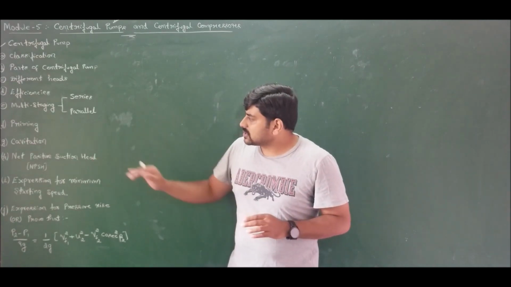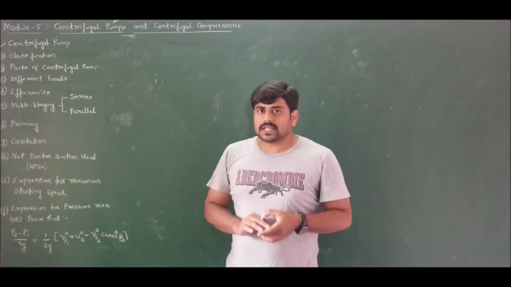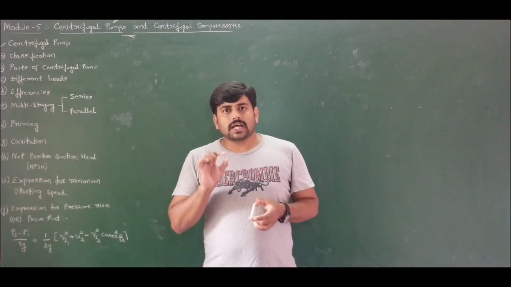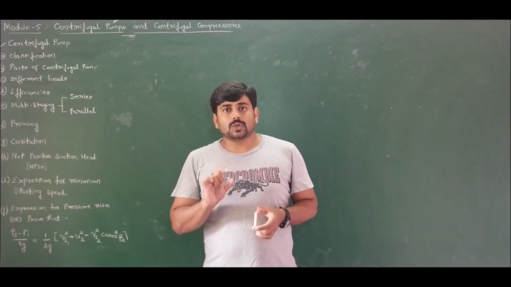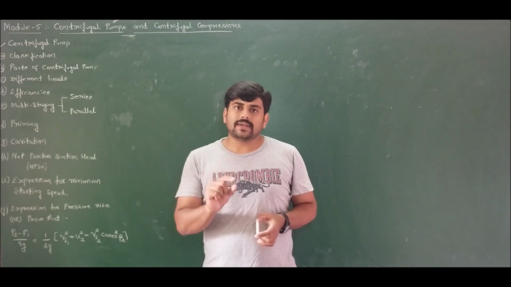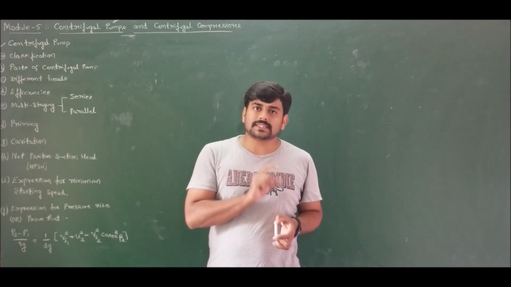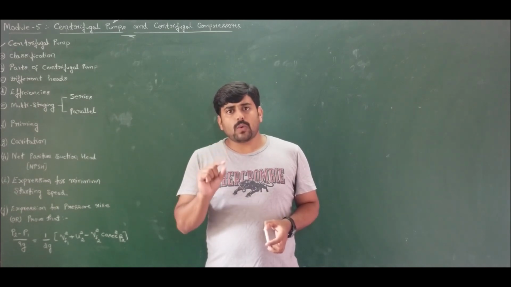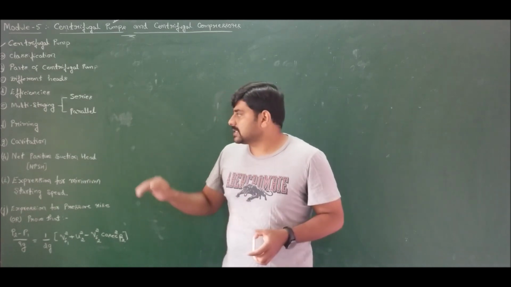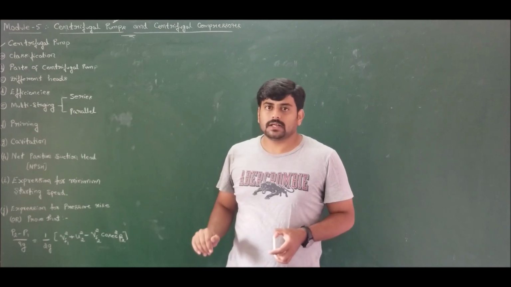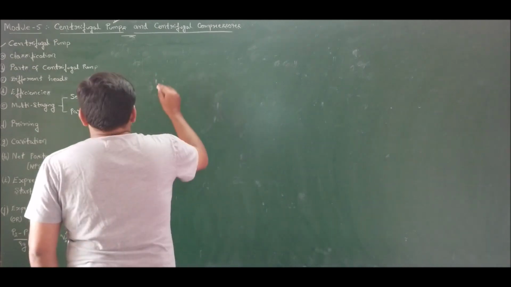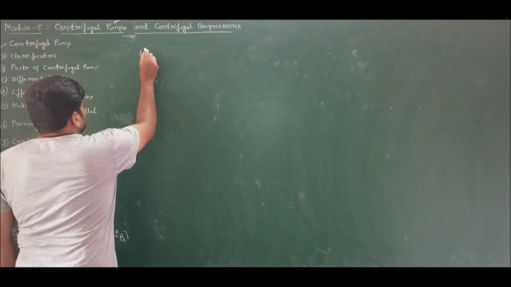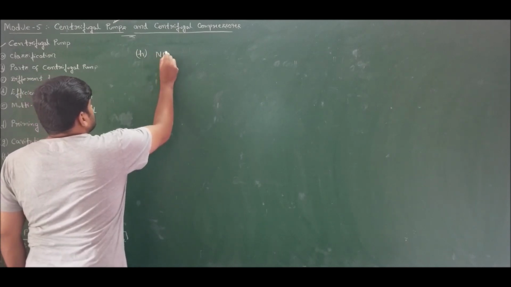Next, moving to the next topic, that is net positive suction head. This is the head required on the suction side to avoid cavitation, because cavitation takes place only on the suction side of the centrifugal pump. Therefore, the minimum head required to avoid cavitation is termed net positive suction head.